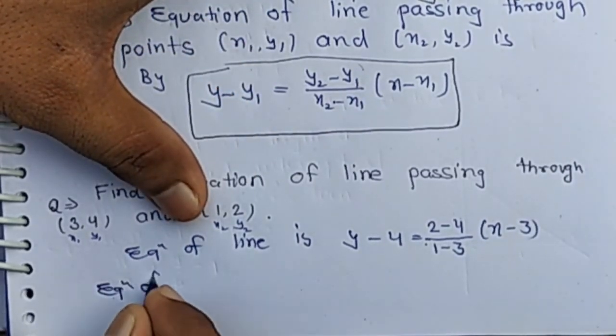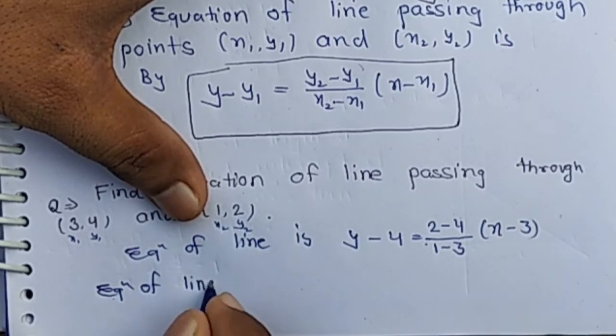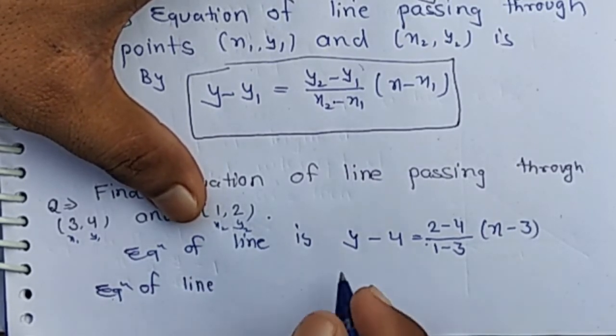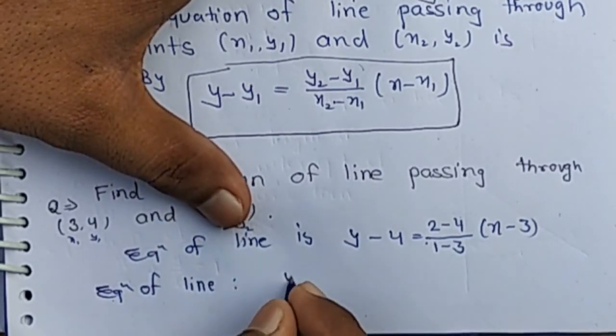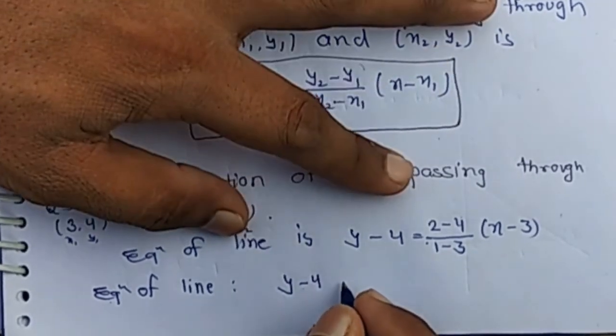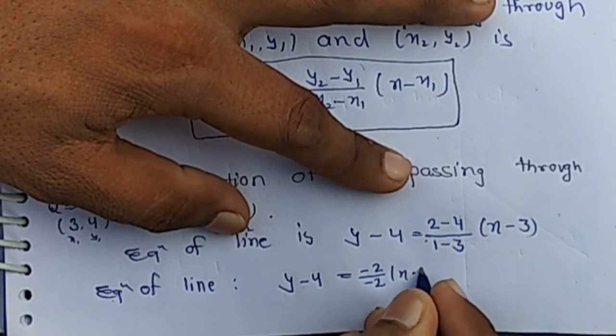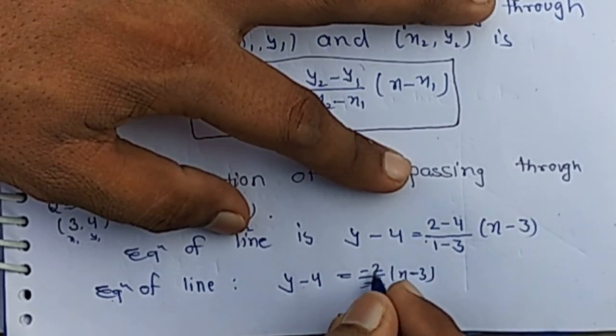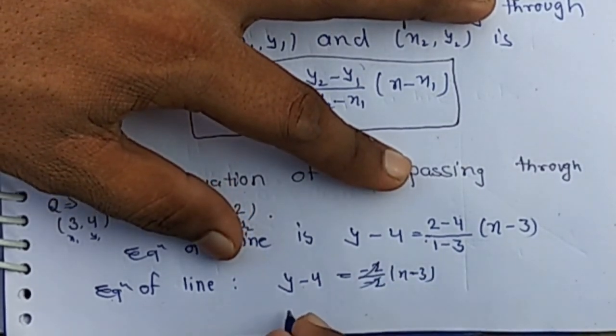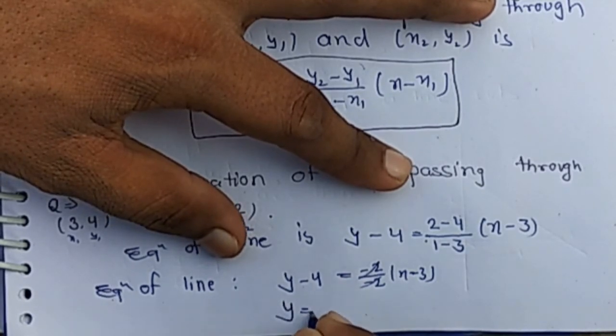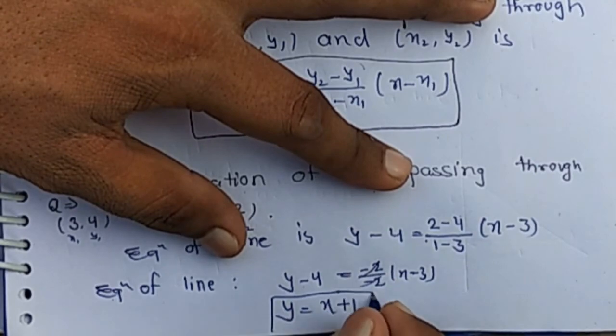The equation of the line is y minus 4 equal minus 2 by minus 2 times x minus 3, minus 2 cancels out, and we have y equal x plus 1. It is the equation of the line.